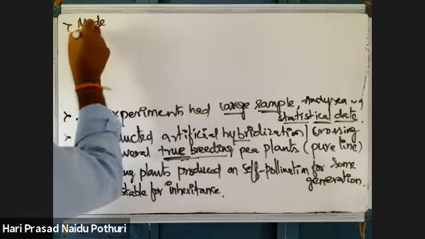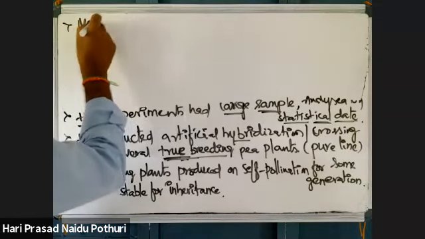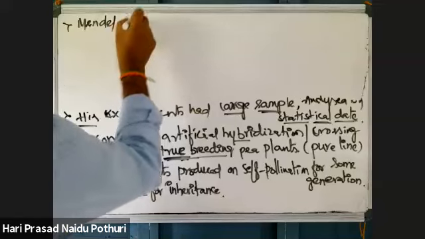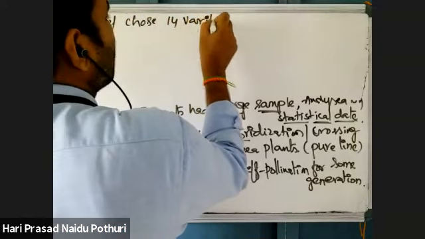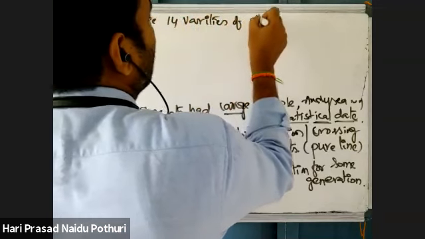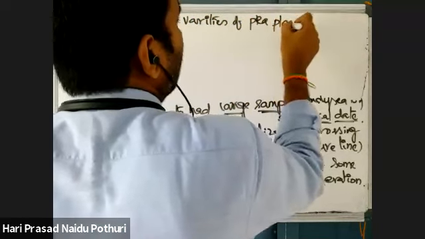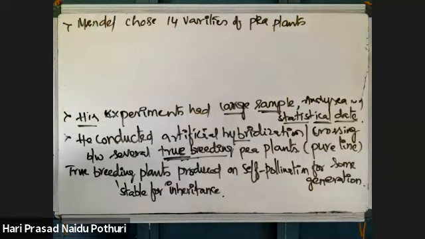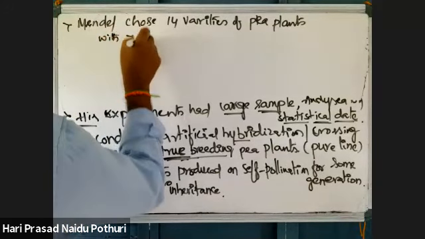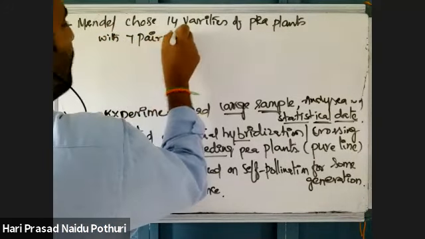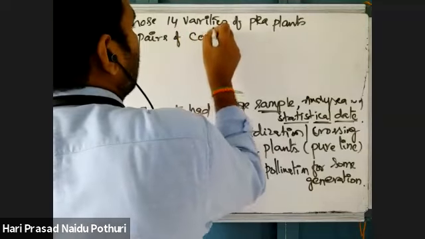He conducted experiments using 14 different true breeding pea plants with 7 pairs of contrasting traits.